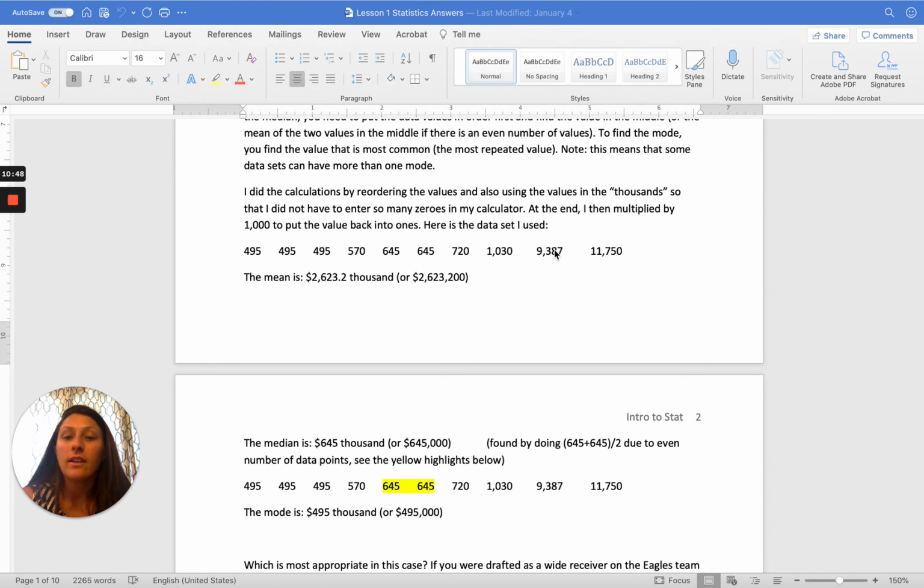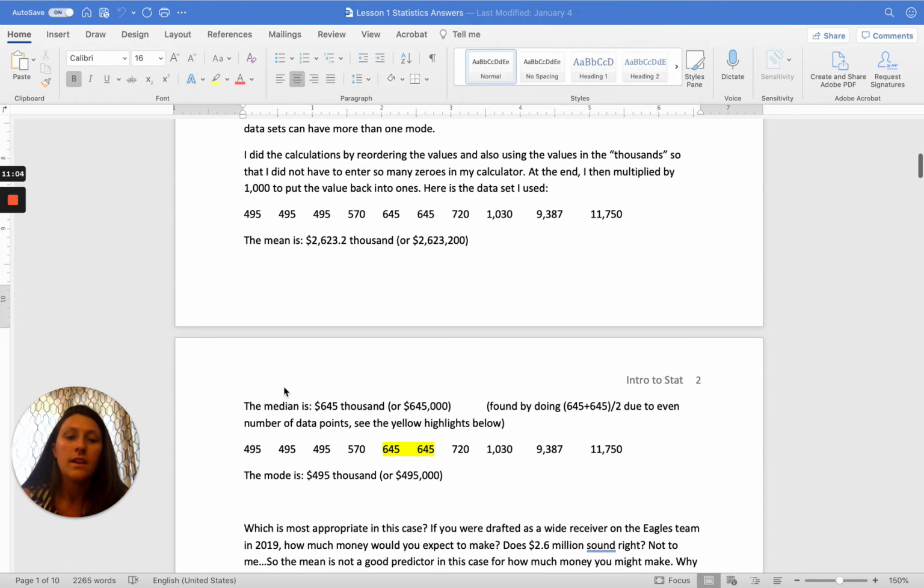So if you have outliers that are higher, the mean is going to be higher than the true average, than where the true center lies. If you have an outlier that's lower, we don't have that in this case, but if you have an outlier that's much lower, then the mean will be lower than the true average, than where the real center of the data falls. The median, however, is not biased because the median always represents the number in the middle.